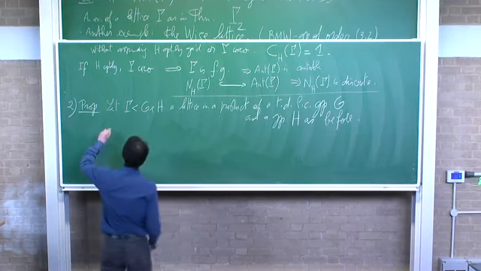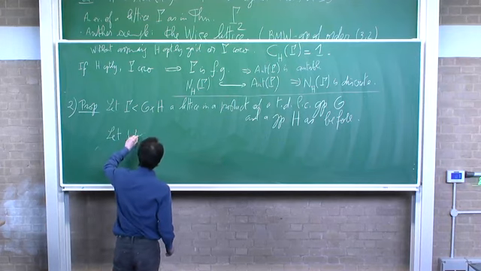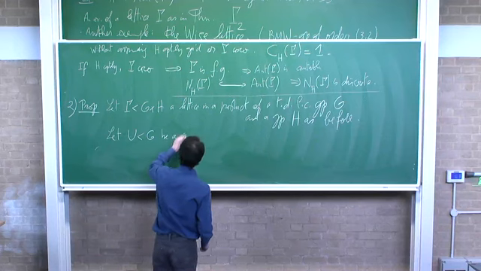Okay. Let U in G be a compact open subgroup.